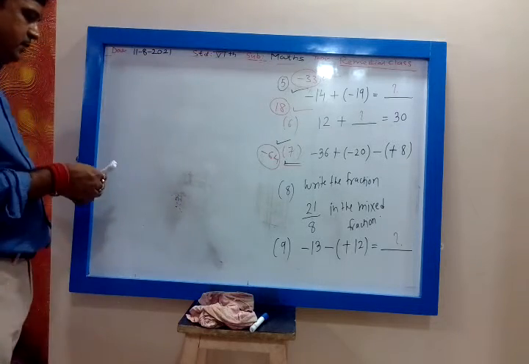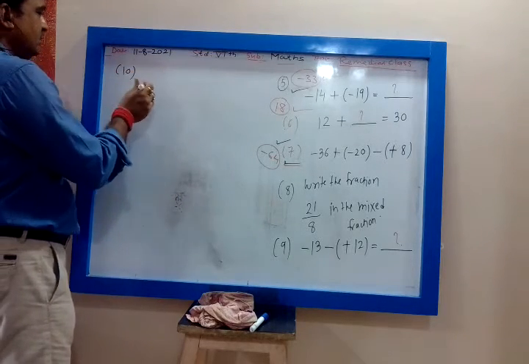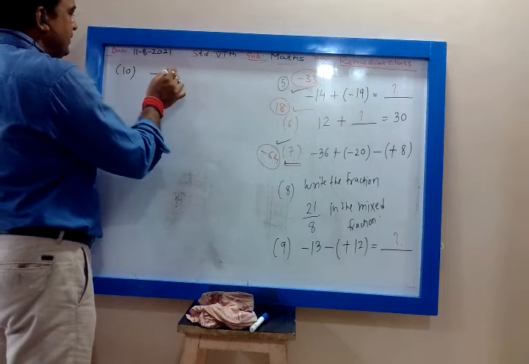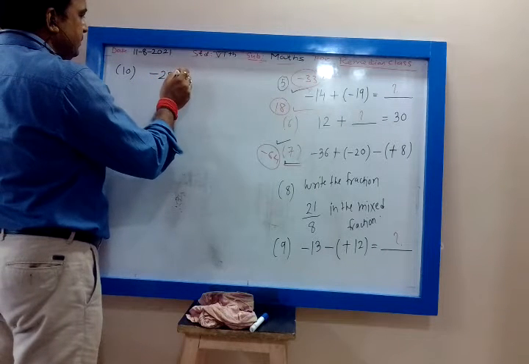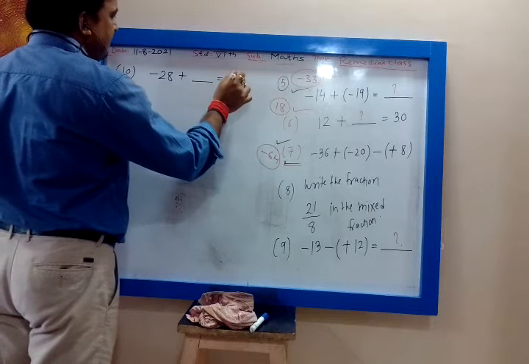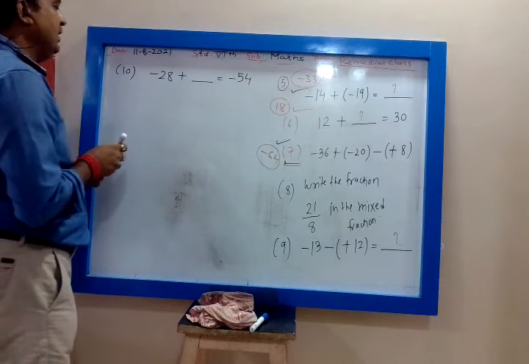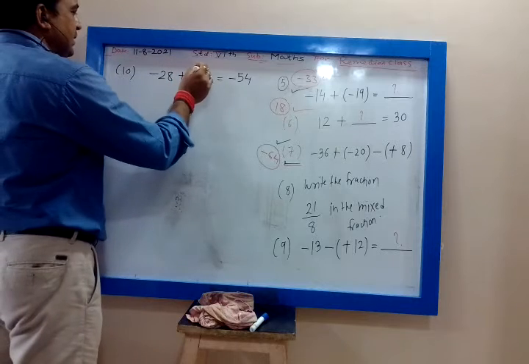Now let me give you more problems. 10th one. Minus 28 plus dash is equal to minus 54.